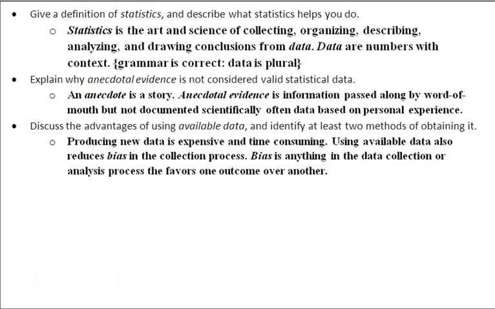So let's get started. Give a definition of statistics and describe what statistics helps us do. All right. I got it written out right here, but it's an art and a science. Good statisticians will be right about 95% of the time. You're not always going to be right. It's not like arithmetic where 2 plus 2 is always 4. You are trying to arrive at conclusions, and you're going to be collecting limited data.